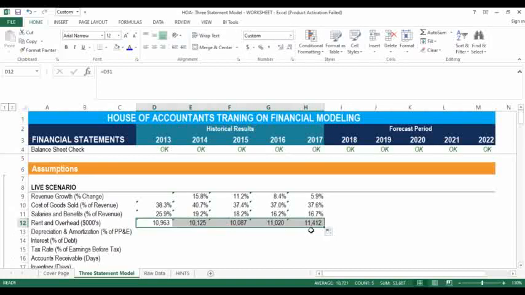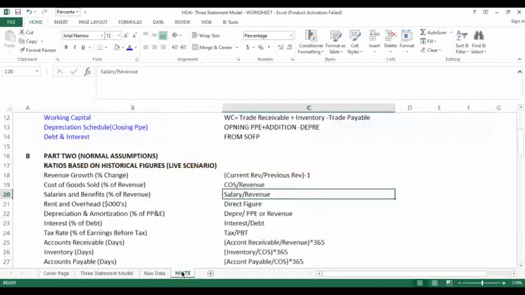We are using the percentage for the others because they are variable costs. Cost of goods sold is a variable cost. Salary and benefit is also a variable cost. So that's why we use the percentage. But because rent is a fixed cost, we are picking that figure directly from there.